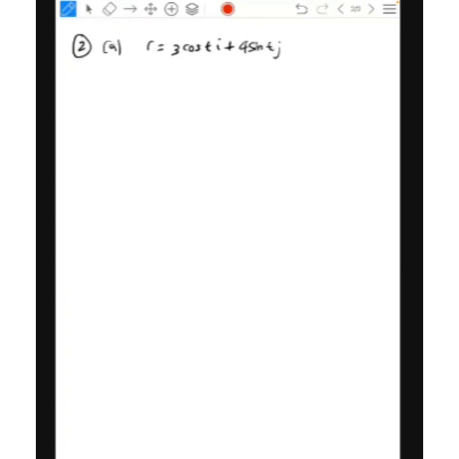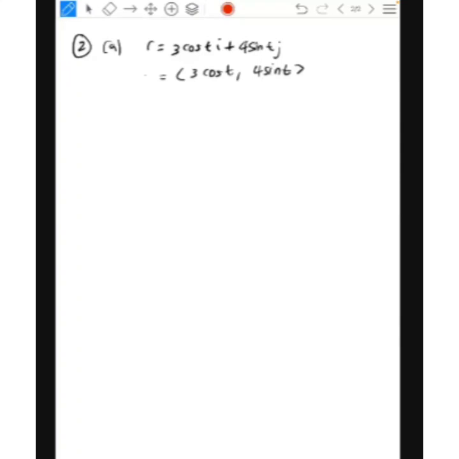Or I can write it in terms of brackets, which will be 3 cos t and 4 sin t. Please note that when you write in bracket form, you don't write i and j and no plus or minus signs; instead you separate each term with commas.